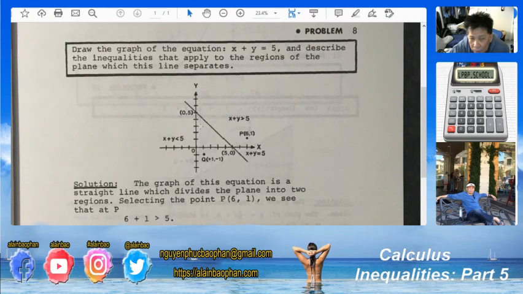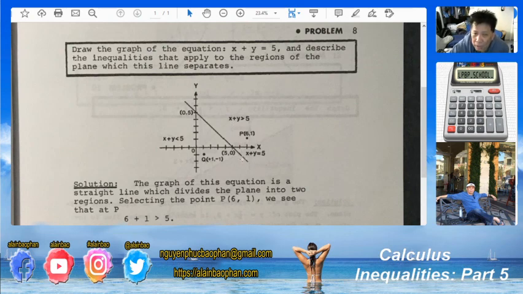So when you do that, you don't have to pick another point. If you want, you can pick another point to test the other region. So let's put x equals 6, y equals 1. 6 plus 1 is 7, and 7 is greater than 5. So the other side of the straight line is x plus y greater than 5.